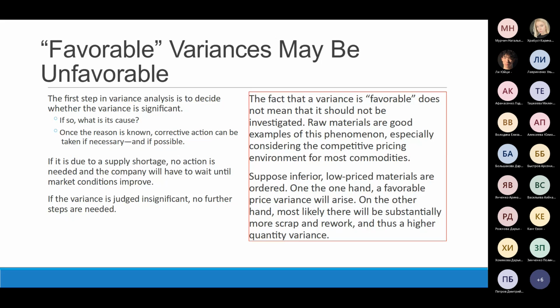But in some cases, favorable doesn't mean that it should not be investigated. Raw materials are good examples of this phenomenon, especially considering the competitive pricing environment for most commodities. If, for example, we have a favorable variance for raw materials, we may investigate why we have this variance. If we purchase materials of lower quality, it's not a favorable difference.